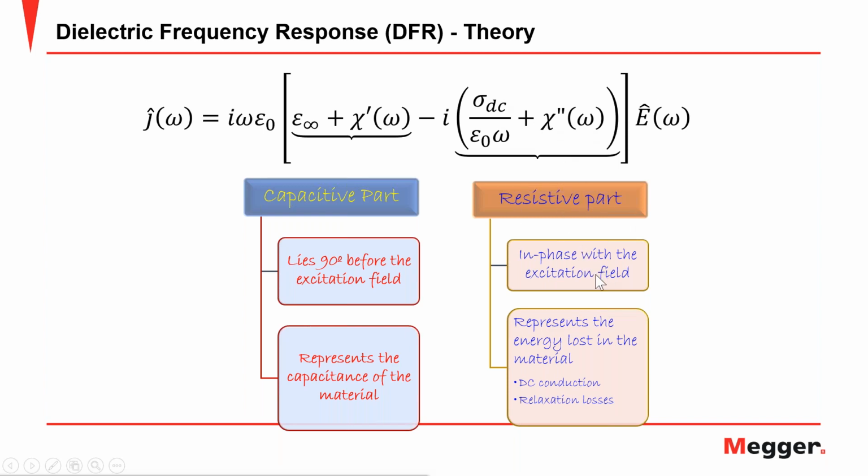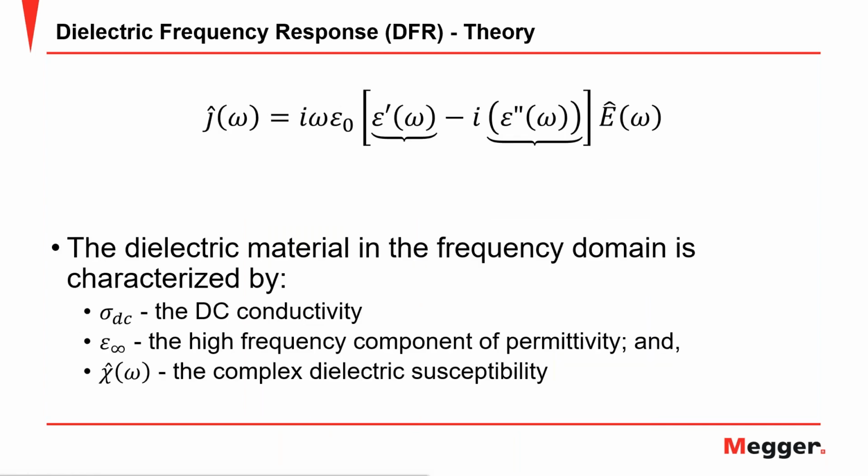And this will be basically in phase with the excitation field. And this is the part that corresponds to DC conduction and relaxation losses, and we also know it as the loss component or the loss factor in the complex permittivity system. With that being said, we can determine then, just bringing those numbers into terms of complex permittivity, you will have a real component of the complex permittivity and an imaginary component of the complex permittivity.